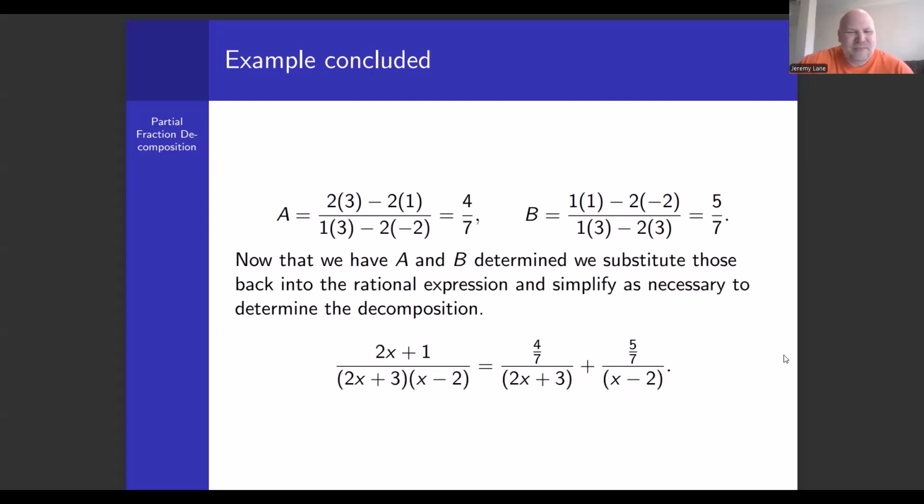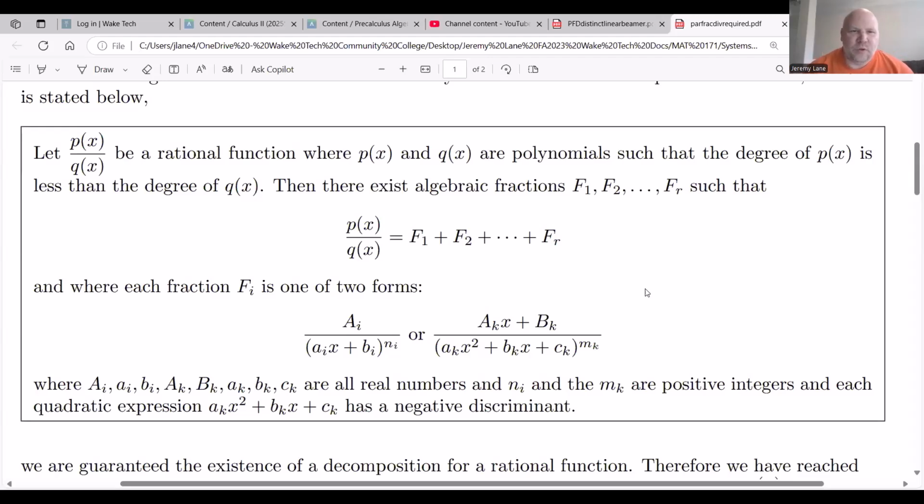So what makes this possible? Why is this able to be done? One reason why this is able to be done is because of the theorem that you have here. This theorem in this box is the partial fraction decompositions theorem. And what it says is as follows.